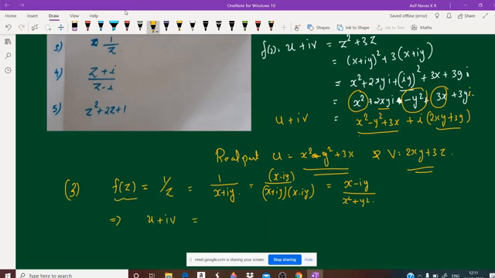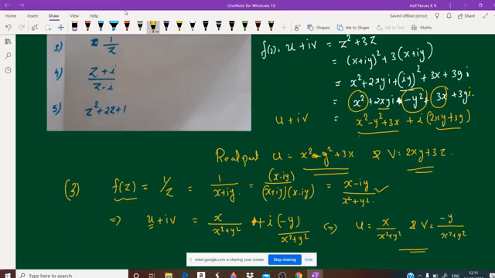This is equal to x by x square plus y square, plus i into minus y by x square plus y square, which implies, what is u? The real part is u equal to x by x square plus y square, and the imaginary part v equal to minus y by x square plus y square.